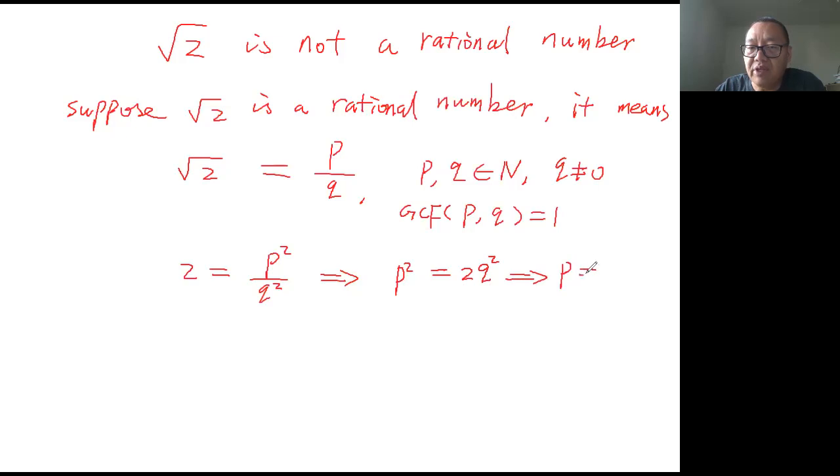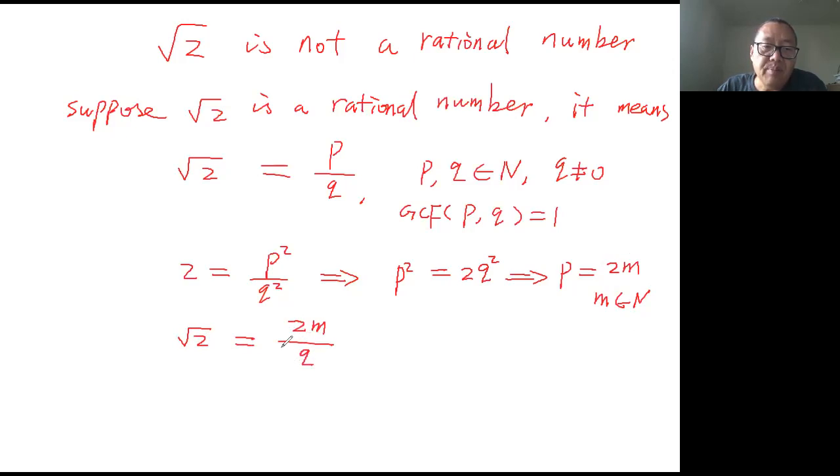So that means we can write P as 2 times another integer, suppose that's m, where m is an integer. Then you can write P equals 2m over Q.